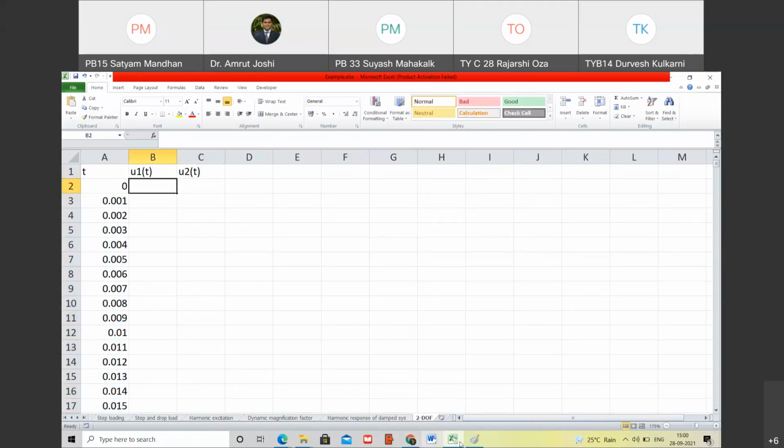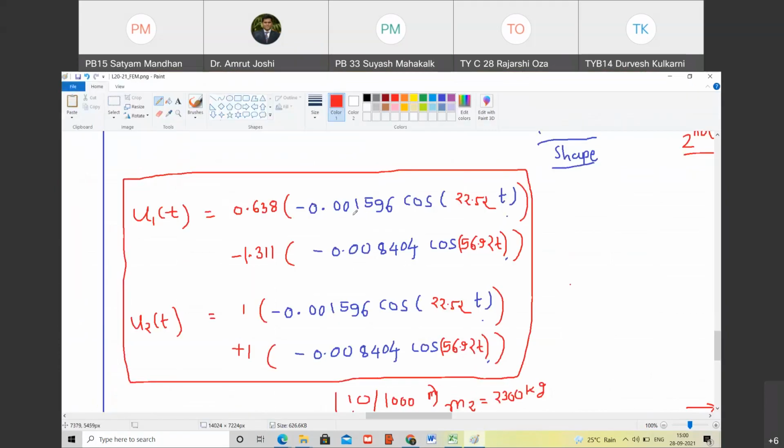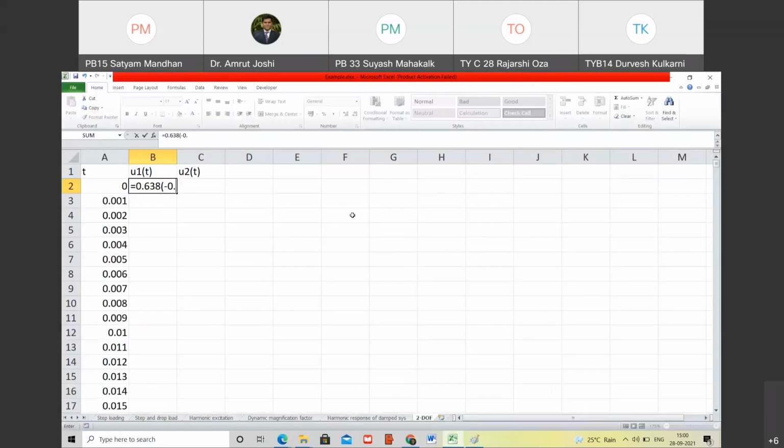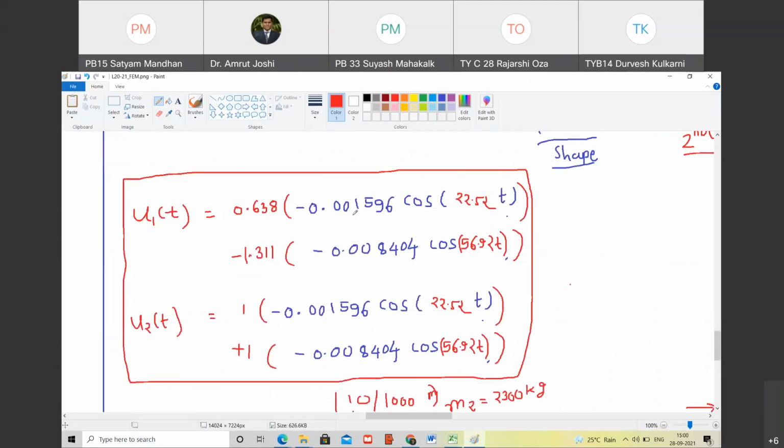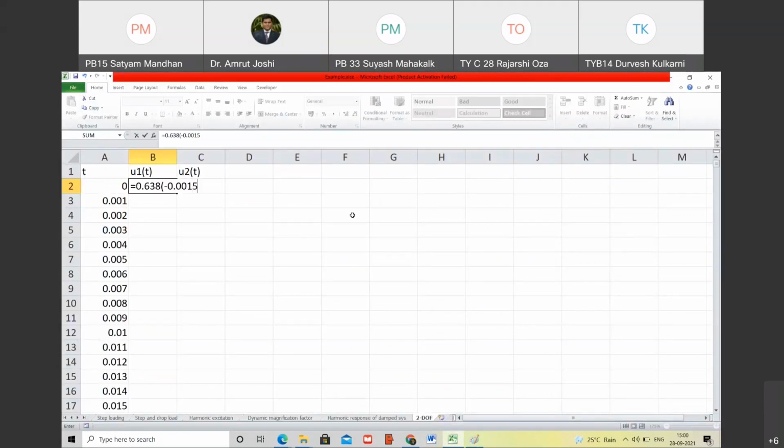So let me plot u1 of t. How do I plot u1? What are the equations? 0.638. This is equal to 0.638. Are you able to read the formula? Yes, sir. 0.638 into bracket minus 0.001596 multiplied by cos of 22.52 times t.